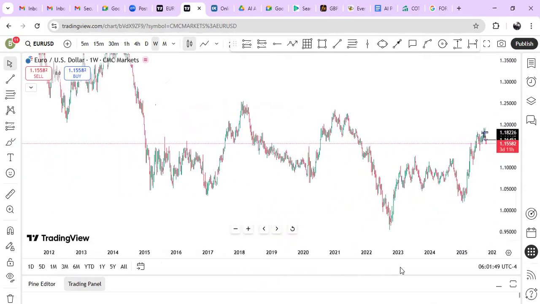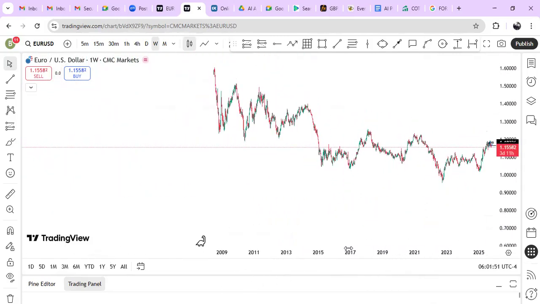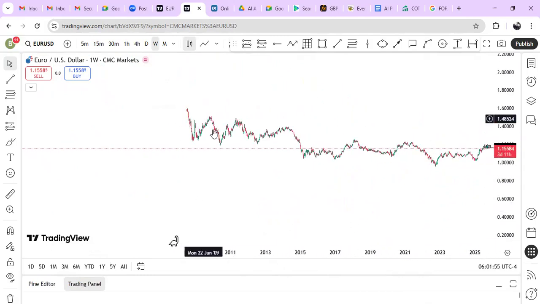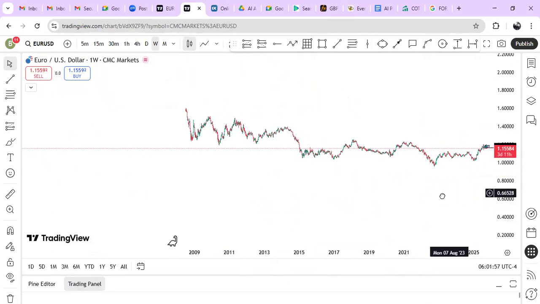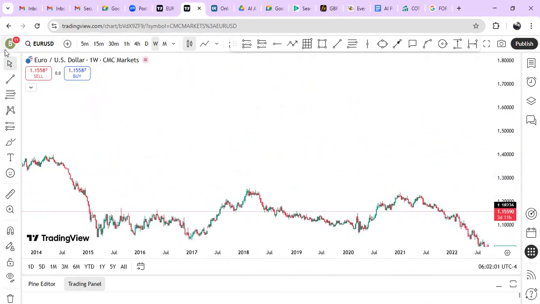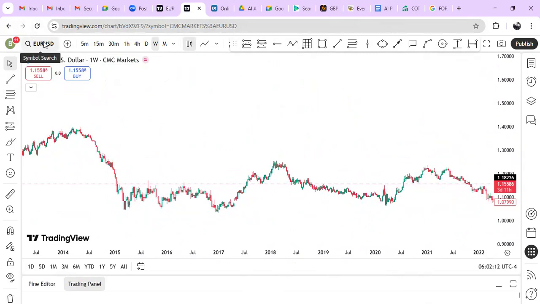You use these tools to bring the page closer so you see previously formed data. You use these tools to do your technical analysis, all your technical drawings and everything. You do them here. So that's Euro USD.